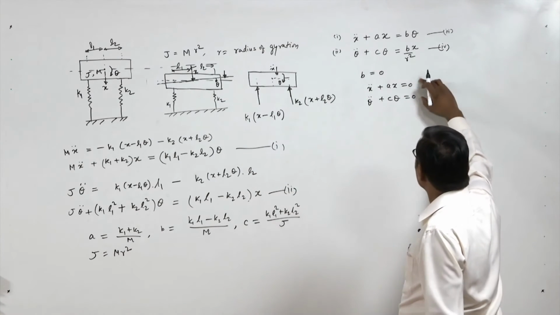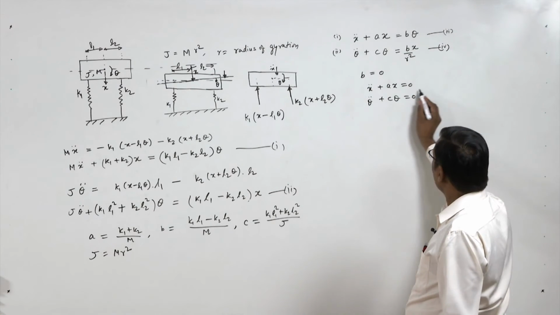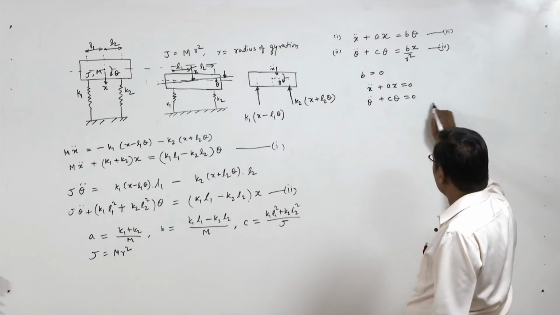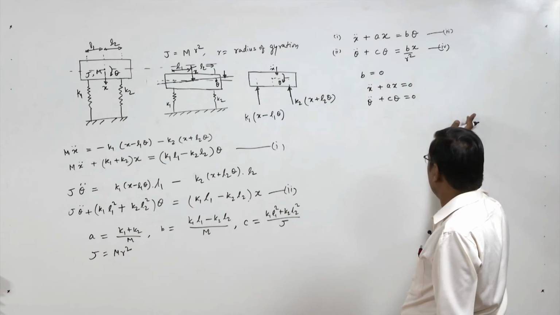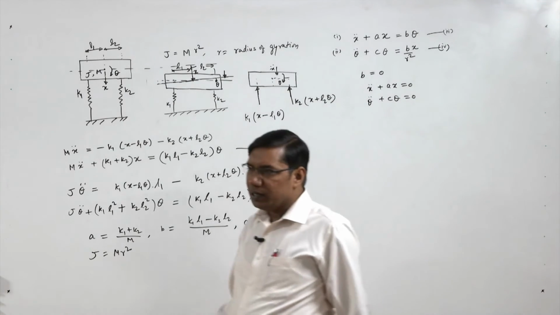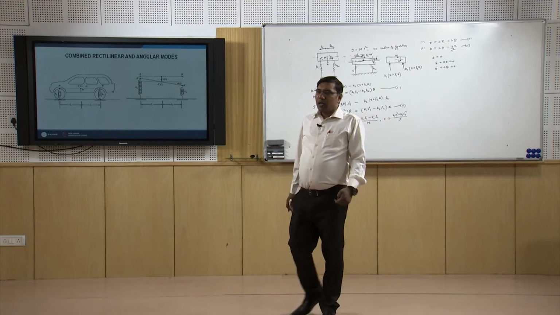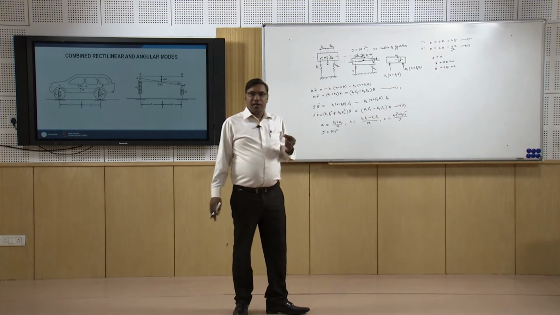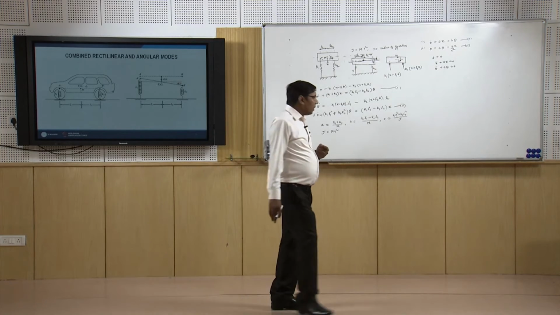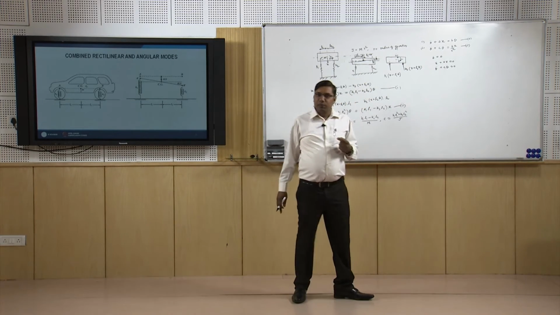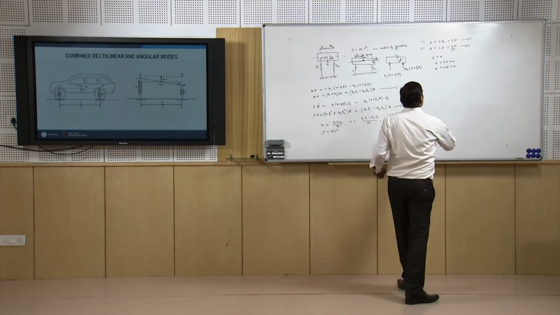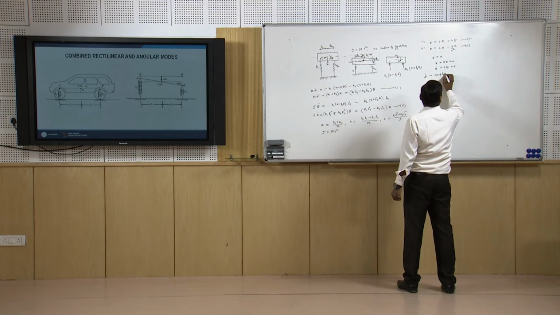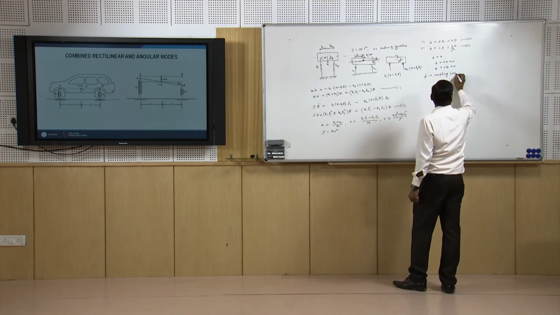So both equations are uncoupled, because in the equation of motion of x there is no theta, and in the equation of motion of theta there is no x. They are uncoupled because B decides their coupling. That is why B is called the coupling coefficient.